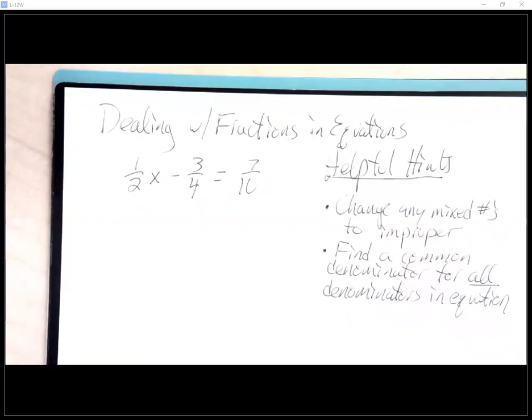And then we'll go ahead and multiply every single term, even if it's not a fraction, right? Because sometimes you have equations where some are fractions, some are integers, right? So I want to multiply every single term, whether it's a fraction or not, by whatever that common denominator is going to be.